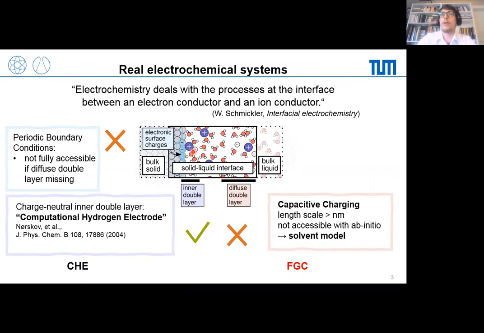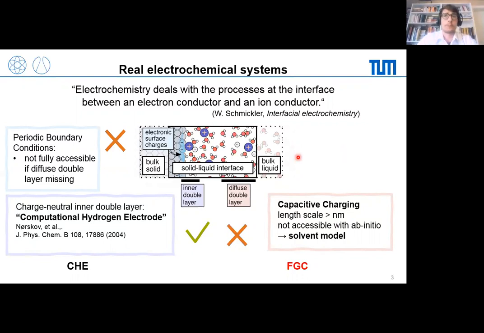And the straightforward method for this is to use ab initio methods. Now the problem is the size of this interface. In particular, the size of this diffuse double layer depends strongly on the composition of the electrolyte, and typically can be of the size of several nanometers. And so it's very problematic to describe this diffuse double layer realistically with ab initio methods.